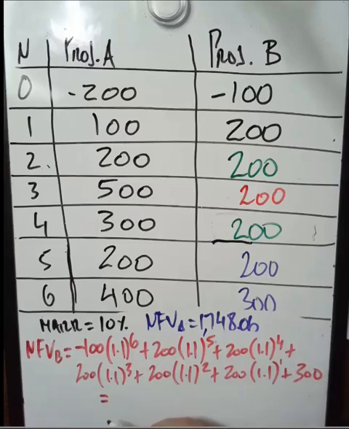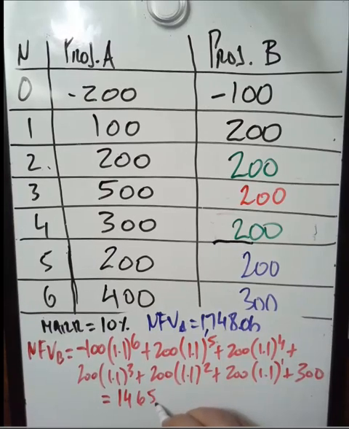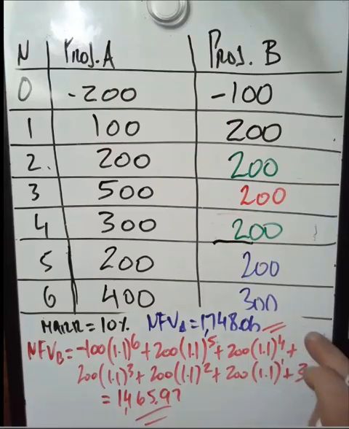And these would give you 1465.97. So which one is the best project? Again, project A, because it has the highest net future value.